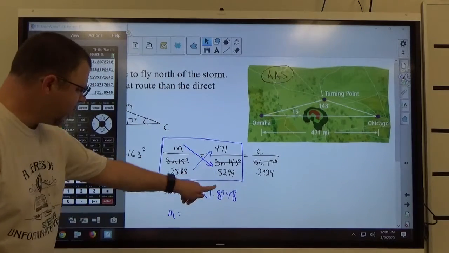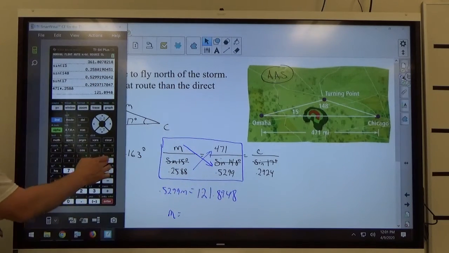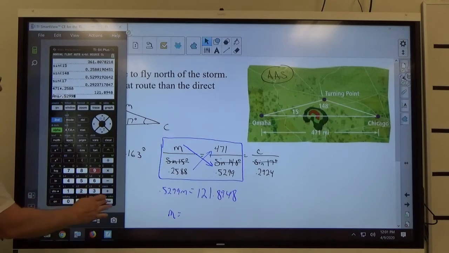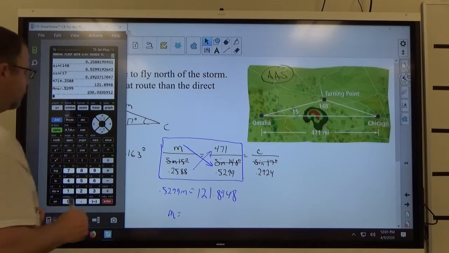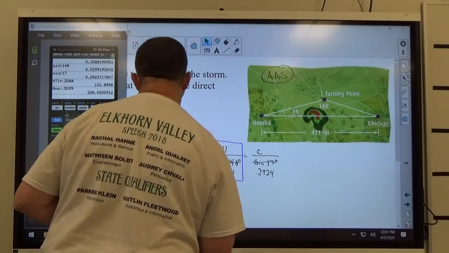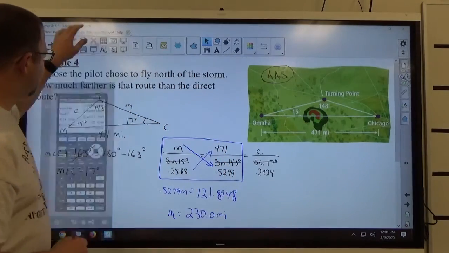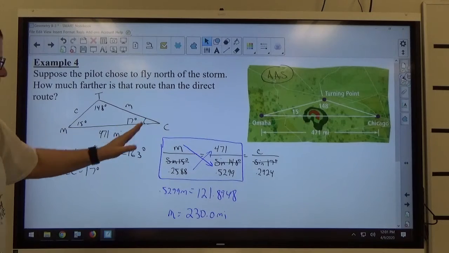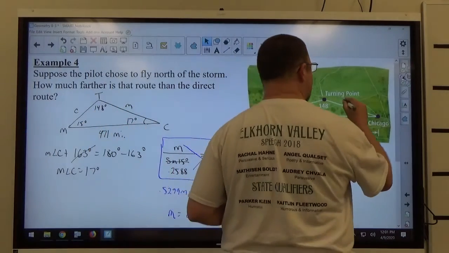To get m, I'm going to divide this by 0.5299. That's 230.0 miles. And again, in our picture, m is representing from turning point to Chicago, so 230.0 miles would be this distance.